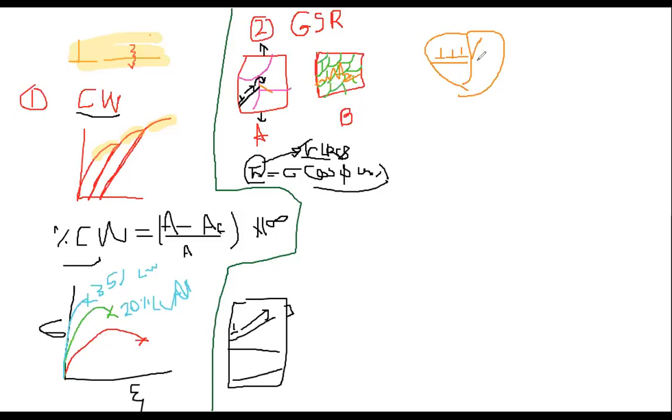The main message here is, if you have more grain boundaries, you have more restriction and you're making the material stronger. So this is the second mechanism, called grain size reduction.